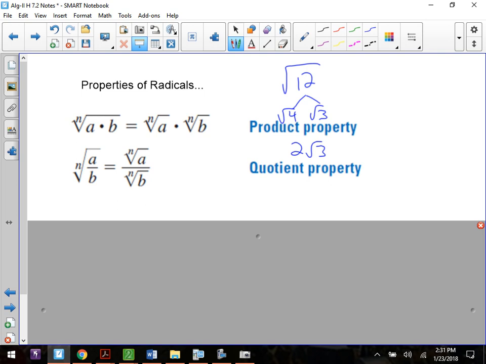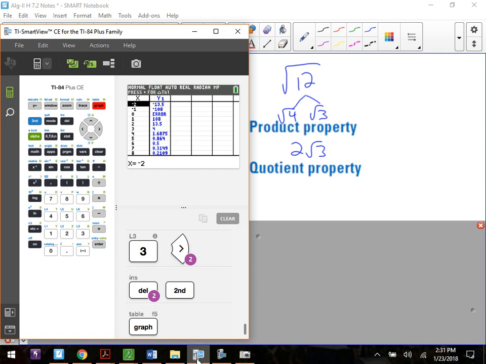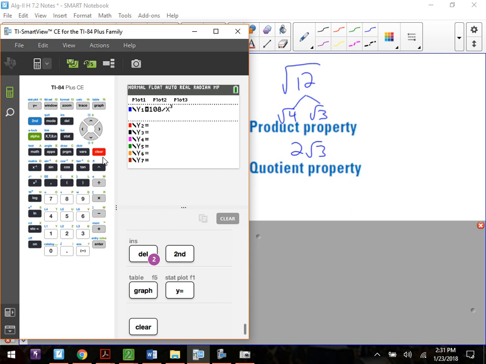If you go to your calculator and you put in the y equals portion, I go 12 divided by x squared. If I do that and go to my table, the table is going to generate values of x squared and show which one of those goes into it.